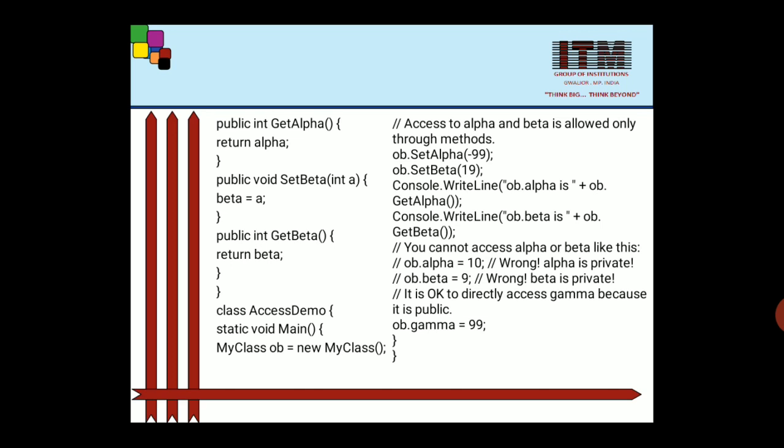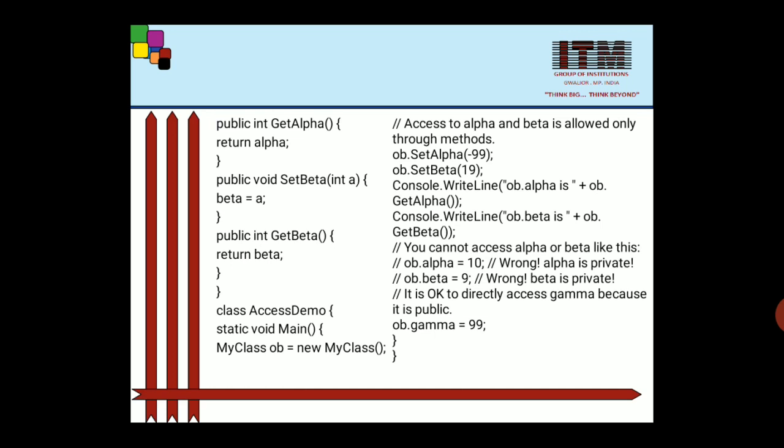For example, if you were to remove the comment symbols from the beginning of the line ob.alpha = 10, you would not be able to compile this program because of the access violation. Although access to alpha by code outside of MyClass is not allowed, methods defined within MyClass can freely access it, as the SetAlpha and GetAlpha methods show. The same is true for beta.